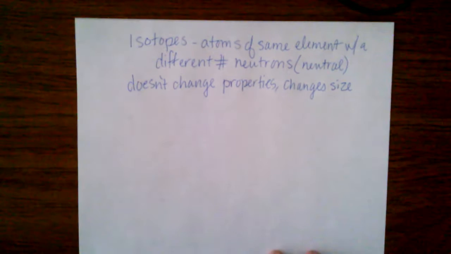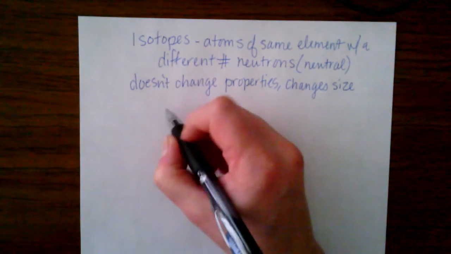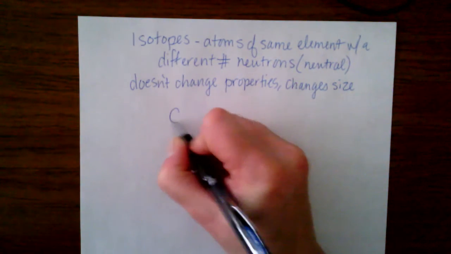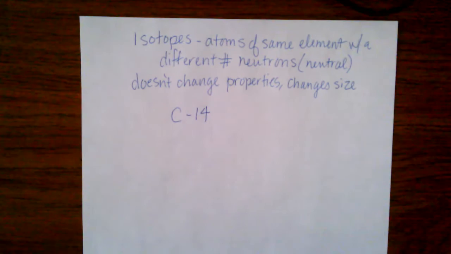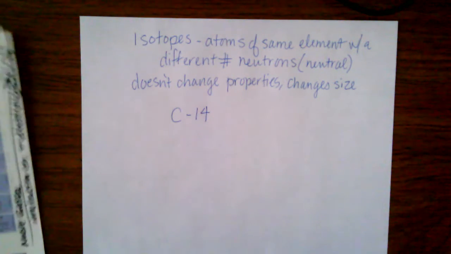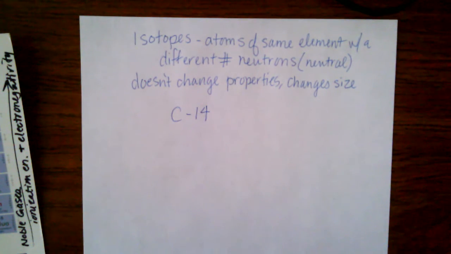So, isotopes can be written a couple of different ways. Probably the most common isotope that you ever hear about is carbon-14. Okay, so carbon-14 is what's used in radioactive carbon dating. It's just an isotope of carbon.